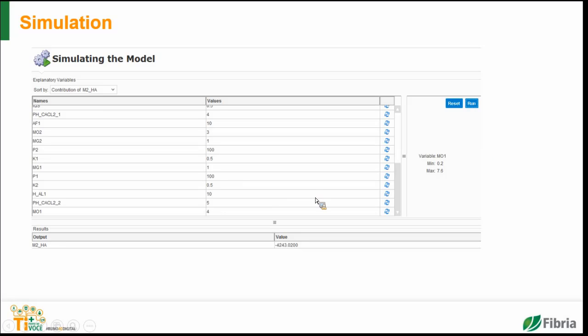And when I put a lot of values to simulate, it gives me in the part below, the output, the result that we are going to achieve using this data. It's just an example, so you can see that you can use the simulation with other data.